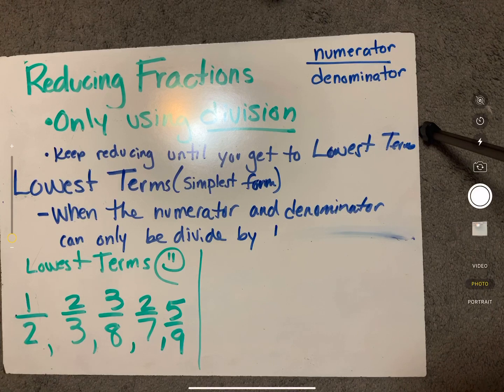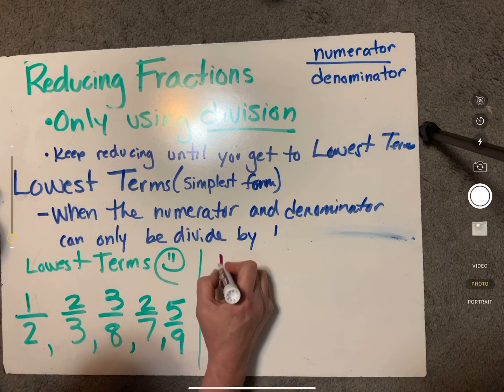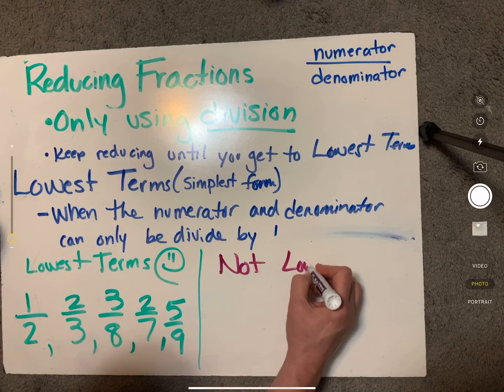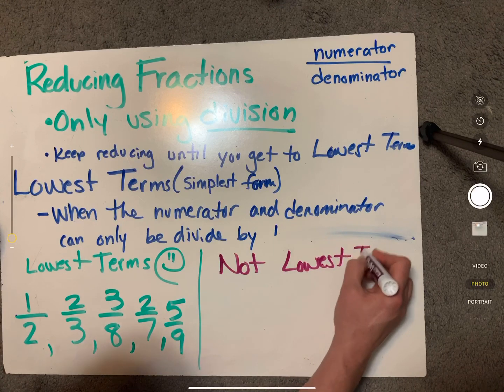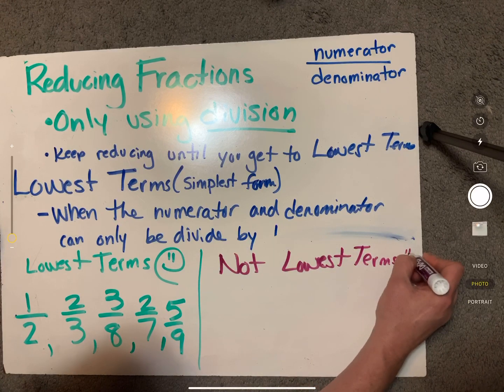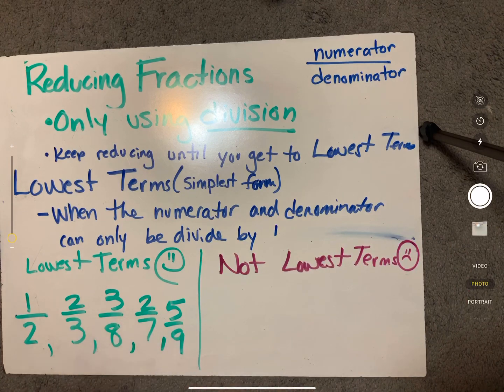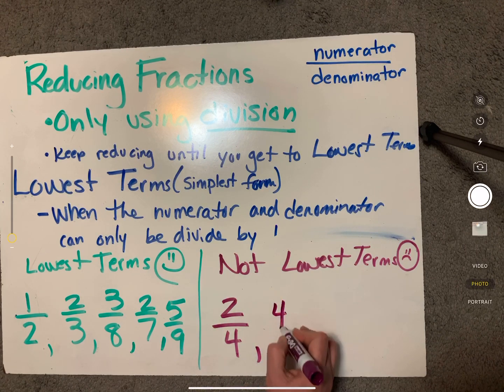So there are some over here that are not in lowest terms yet. Sad face. If they're not in lowest terms, it means that you can divide them by something else and make the numbers look smaller. So we've got 2/4. Those numbers are both even. We could reduce that more. We could divide the top and bottom, the numerator and denominator, by 2. Another one would be 4/8.